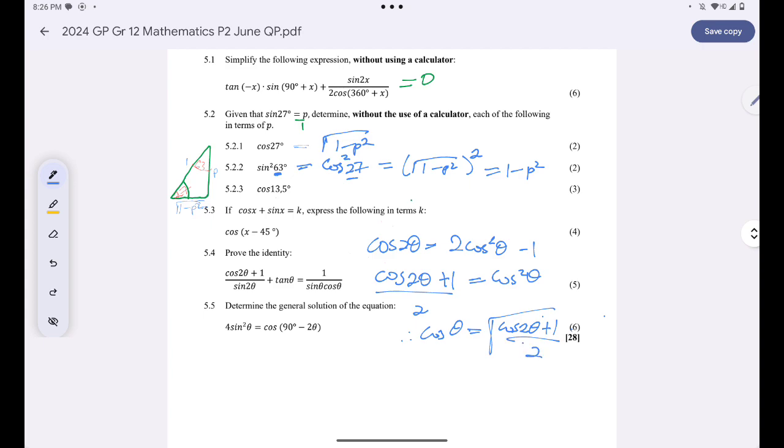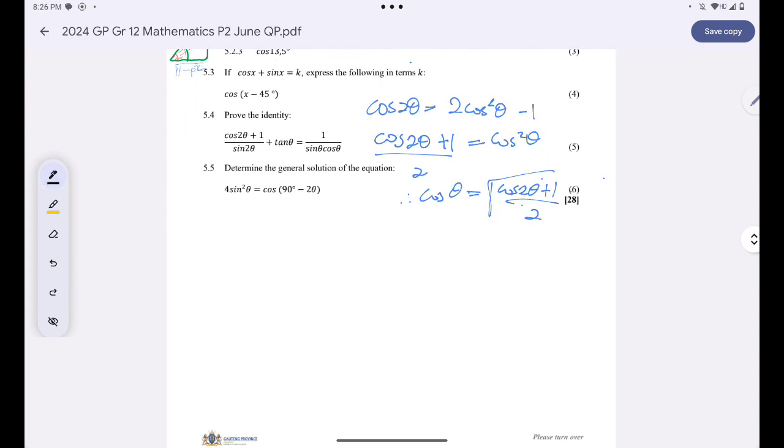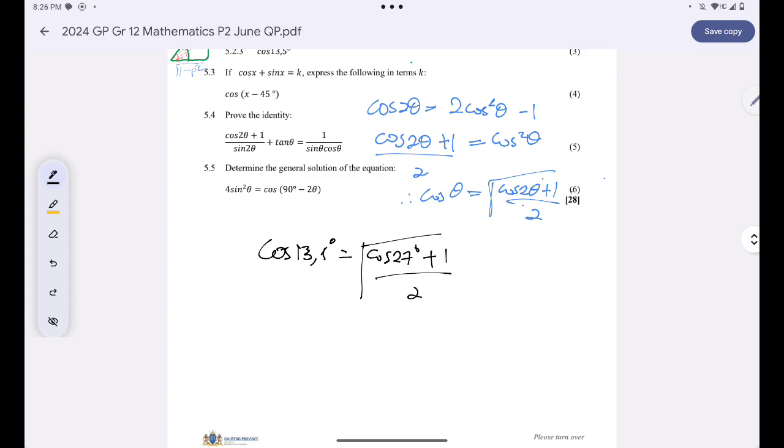Are we together? So in this case, I'll simply say cos 13.5 degrees is equal to the square root of the cos of 27 plus 1 over 2. What is the cos of 27?